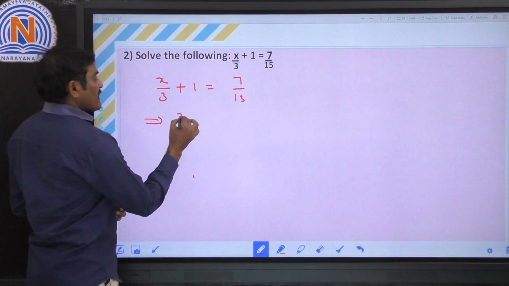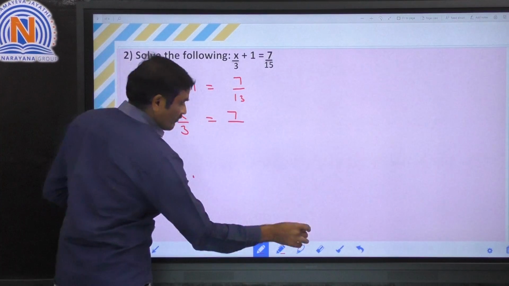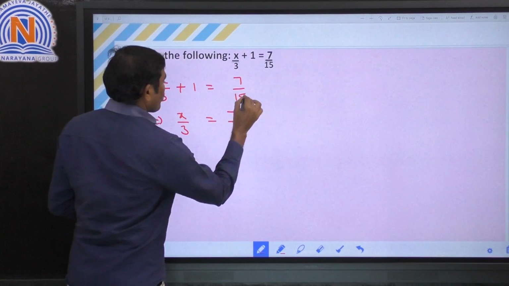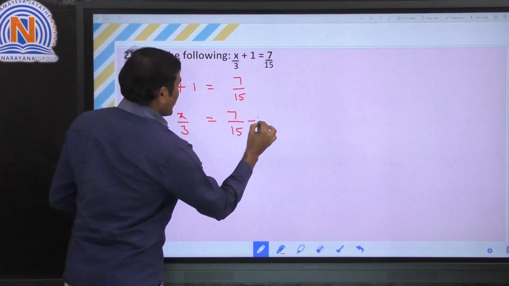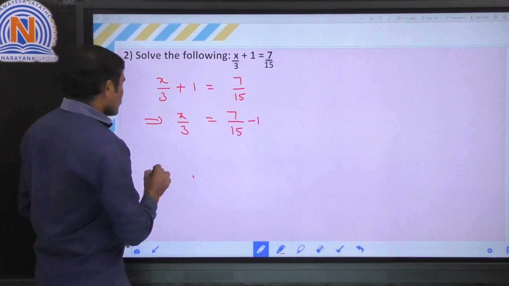So x by 3 is equal to 7 by 15 minus 1. Let us simplify this one.